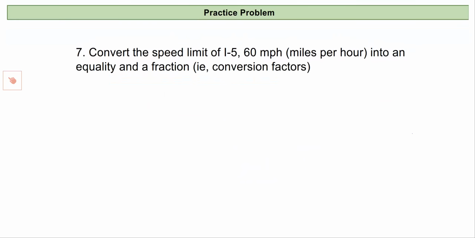So let's try this. A speed limit on I-5 through the Seattle corridor is 60 mph, or miles per hour. What is this as a conversion factor written as an equality or a fraction? So mph is miles per hour. This "per" is a way of saying divided. So I can say that for every 60 miles, your car will need to travel fast enough that it can cover that distance in 1 hour.